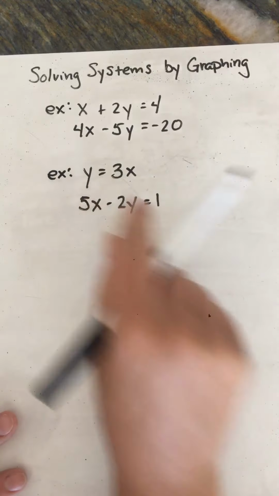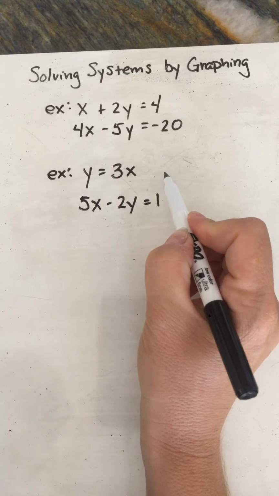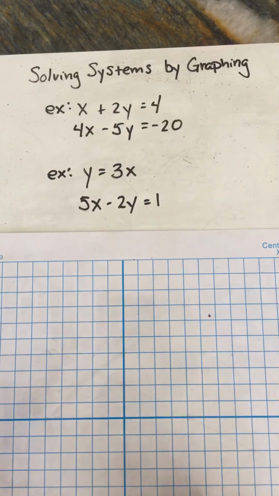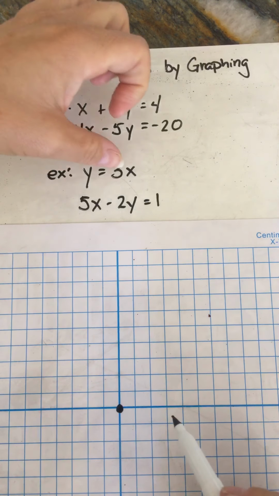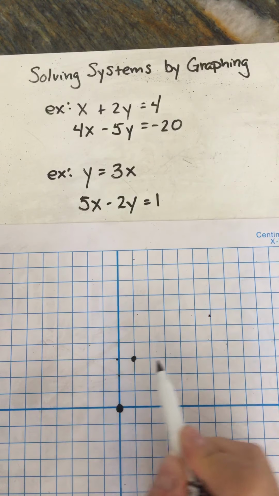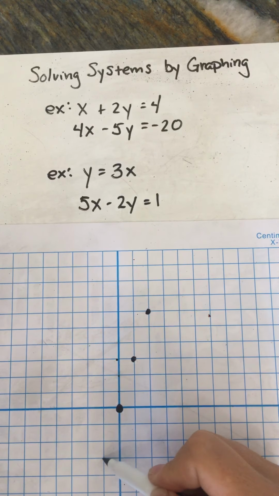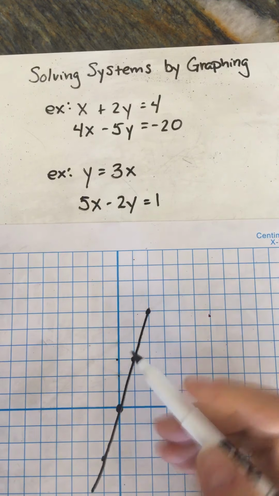We'll take the first graph first. This is in the form y equals mx plus b. Well, there's no b, so what is it? 0. So we graph the 0, and then we rise 3, we run 1. So 1, 2, 3, run 1. 1, 2, 3, run 1. So there is our line right there.